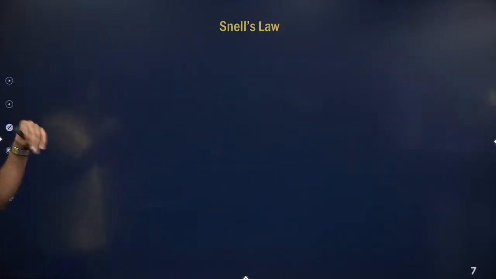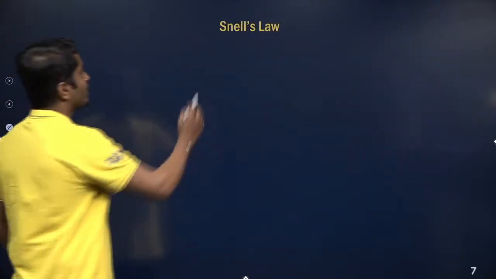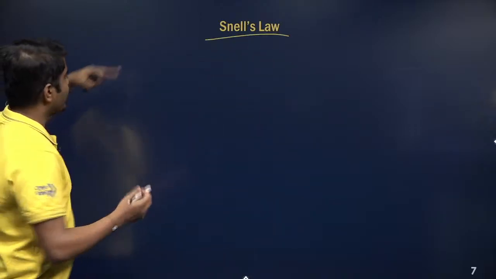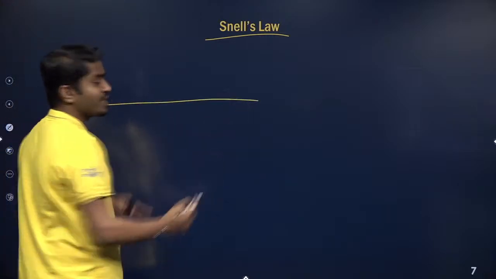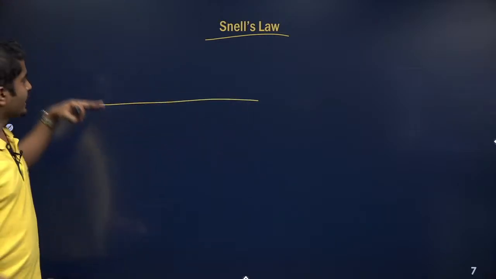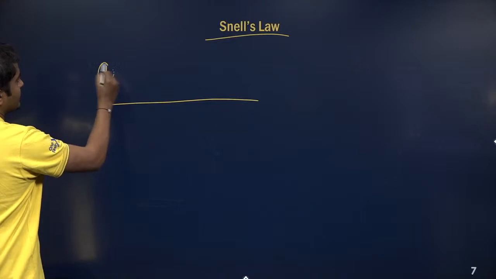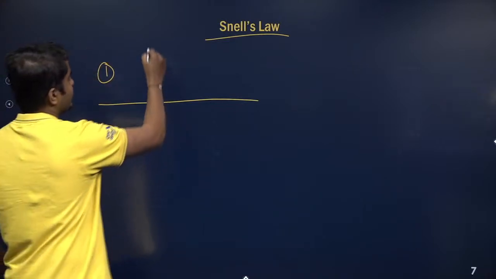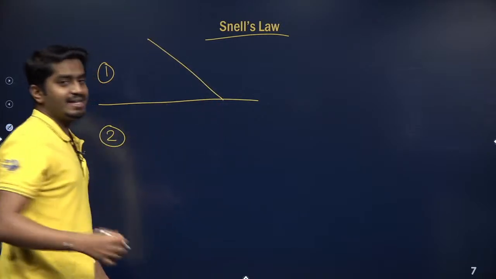Let's go to the next concept. What do we have? We have Snell's law. Where do we see Snell's law? We see Snell's law when there is a change in the medium, right? This is medium 1, this is medium 2, and the ray of light is incident at an angle.